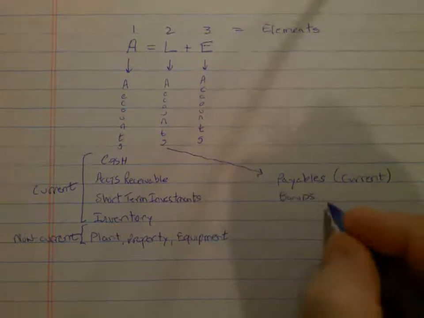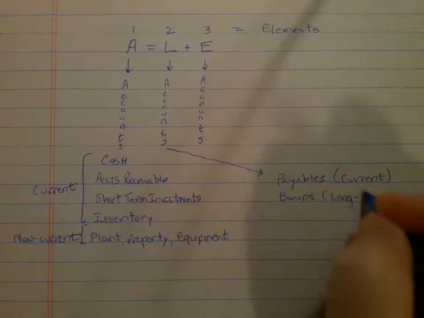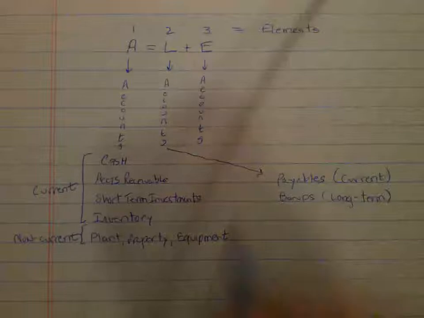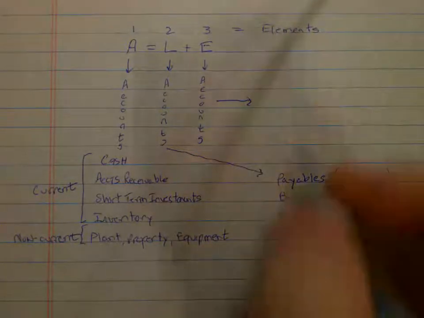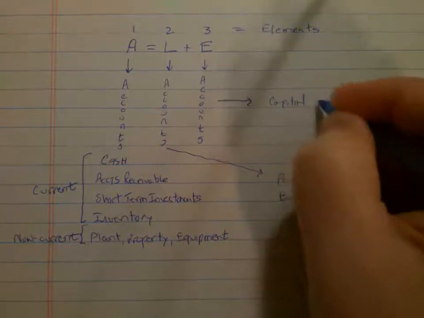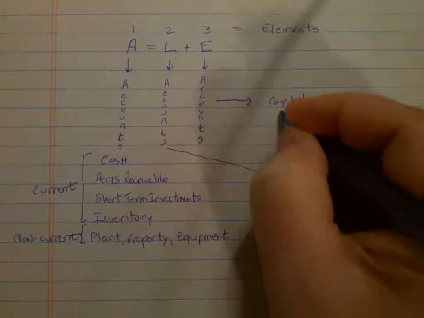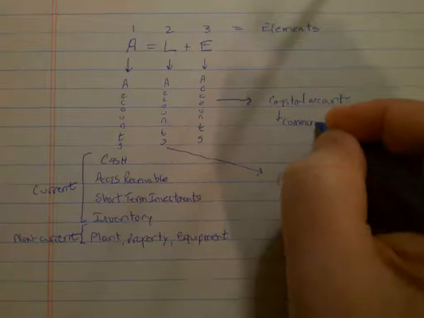And we'll get into accounting for bonds later, but these would be what we call the long-term liabilities. For equity, the types of accounts you're going to have are capital accounts, which include things like common stock.